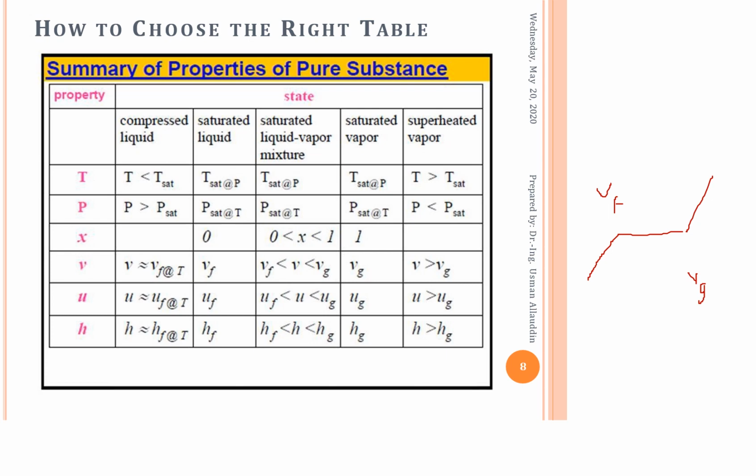This is the compressed region, this is the saturated region, and this is superheated, while Vf is saturated liquid and Vg is saturated vapor. So all the conditions are given to you, for when we have compressed liquid, saturated liquid, saturated liquid-vapor, and so on. You can either make this graph or memorize this table. Both are convenient, but mostly it is recommended that you make this graph.